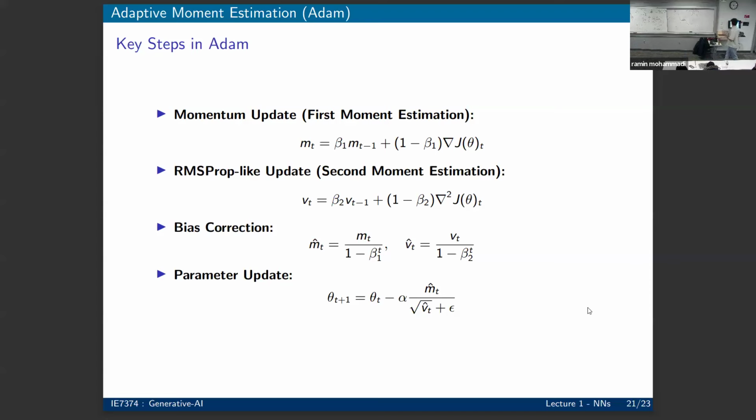Then you update the parameters using a concept similar to gradient descent: delta W is going to be the bias-corrected first momentum divided by the square root of the bias-corrected second momentum plus some epsilon, to avoid dividing by 0. This technique became pretty popular and is really common right now. Personally, at work, all my models use Adam.